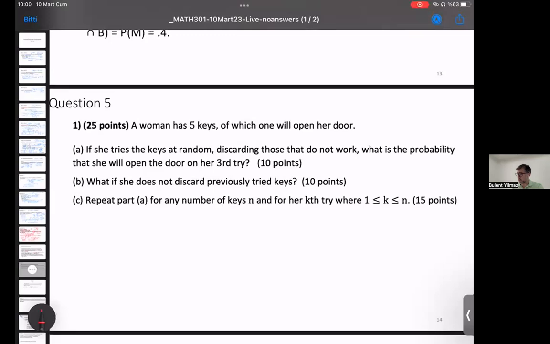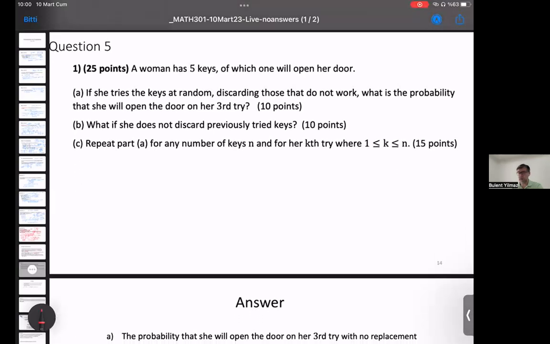Okay, now there is a question from a previous midterm. I want you to look at it and give me the answer for A. All the students couldn't understand that part, so that's why they did it wrong.